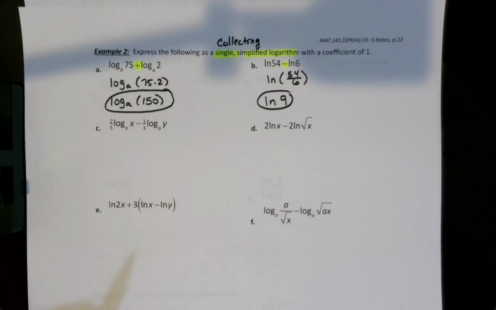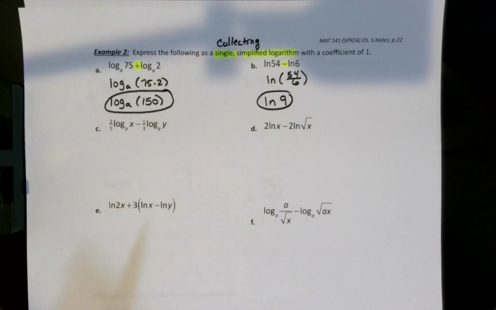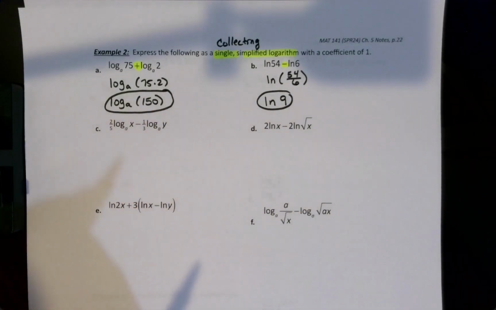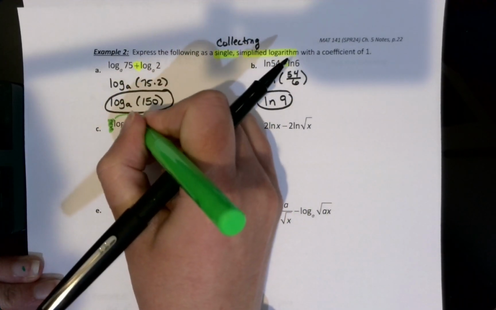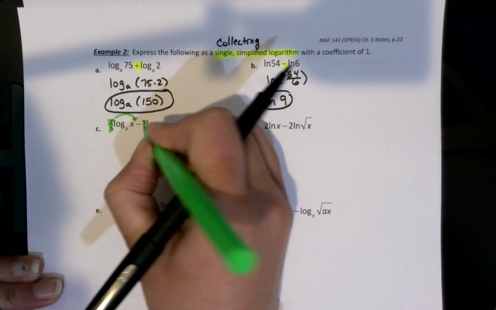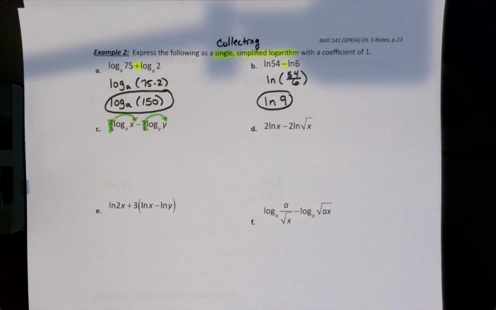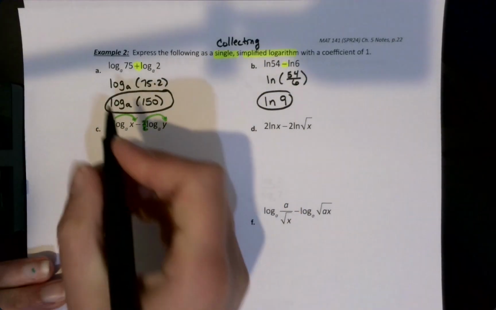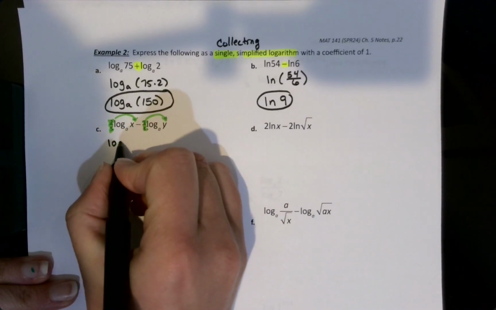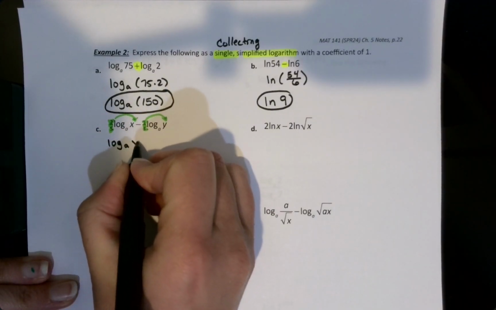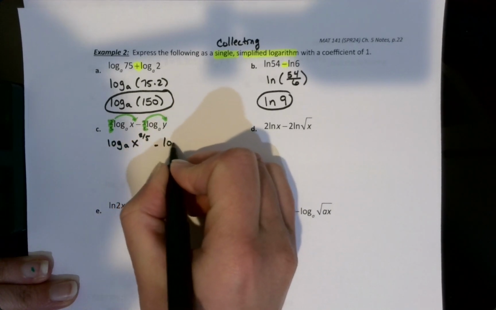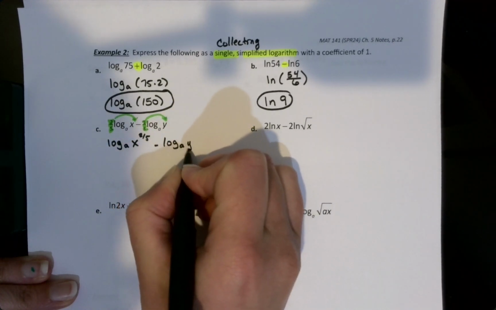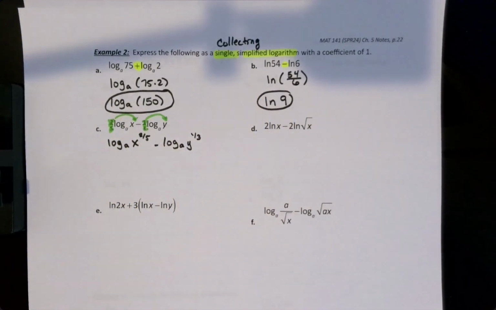In the next one, I'm not actually able to work on the subtraction first. What I need to do first is work on the coefficients right here, pulling those back up as exponents using the power property. So let's pull those up. This will be log base A of x to the 2/5 power minus log base A of y to the 1/3 power.